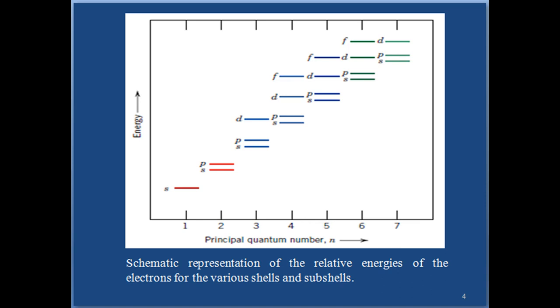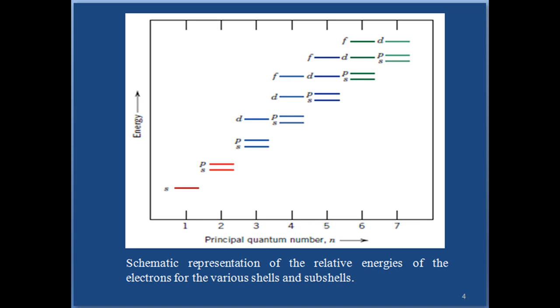Finally, there may be overlap in energy of a state in one shell with states in an adjacent shell, which is especially true of d and f states. For example, the energy of a 3d state is generally greater than that of 4s. We will repeat this particular concept once again.